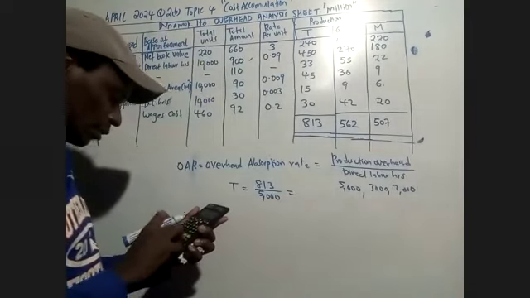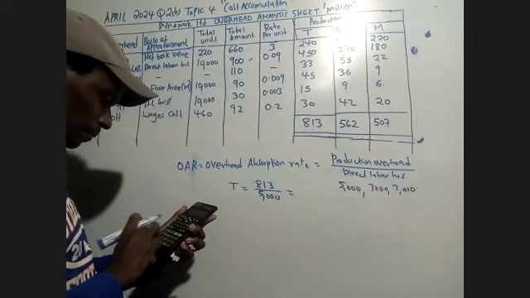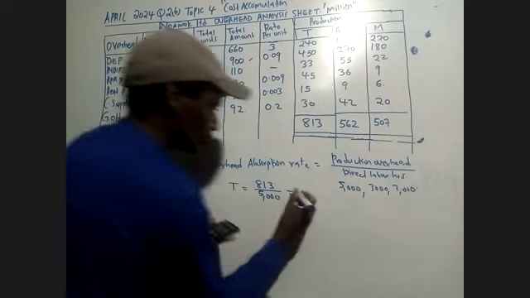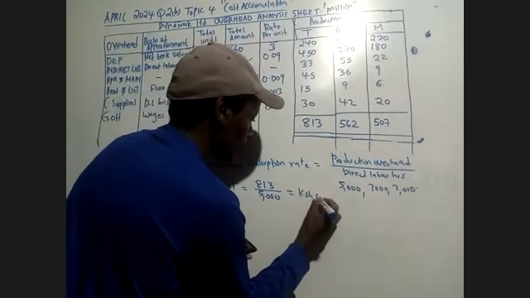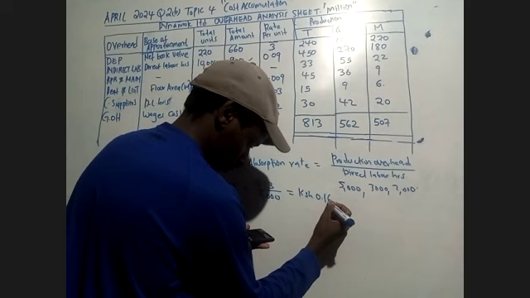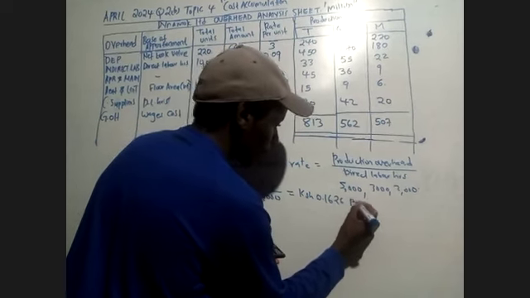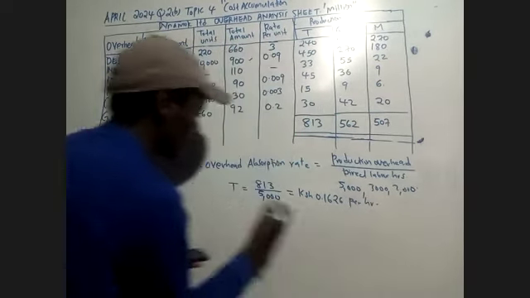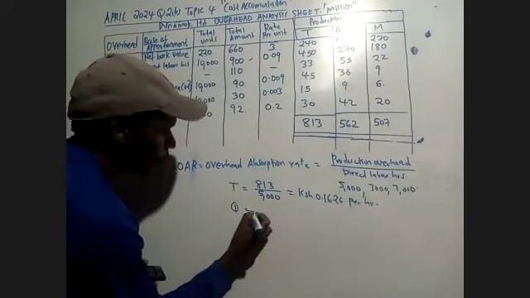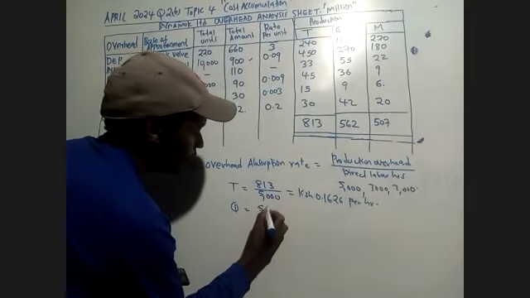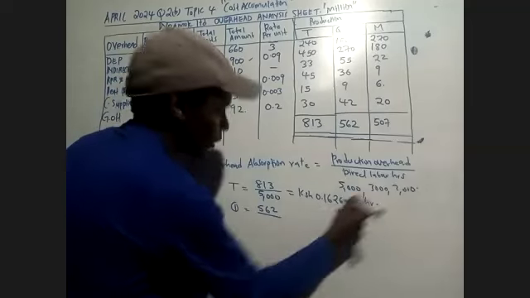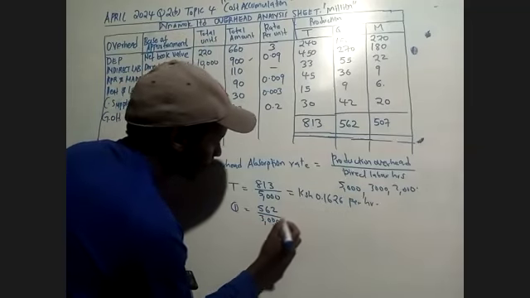So 813 divided by 5,000 is equal to Kenya shillings 0.1626 per hour. Next, Q is 562 divided by the total hours 3,000.